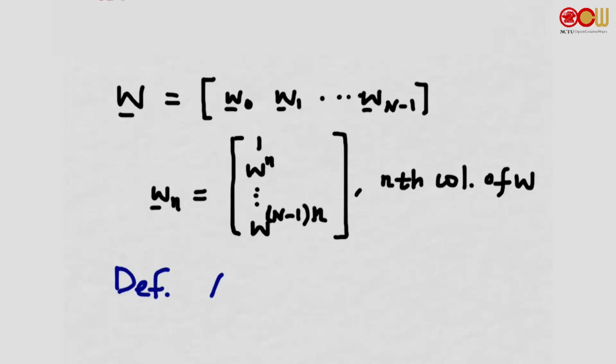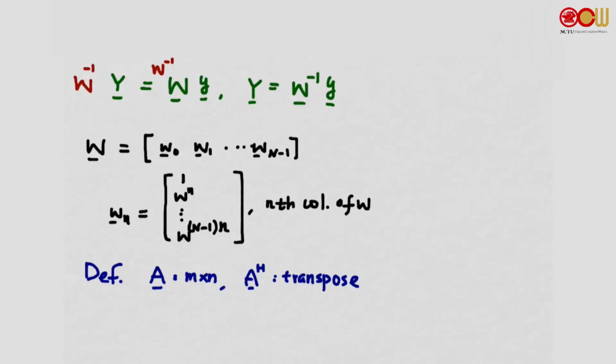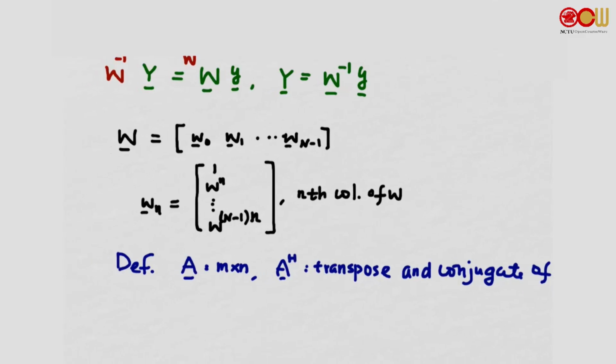If we have a matrix A that is n by m, then the Hermitian, with the notation A Hermitian, is simply the transpose and conjugate of A.